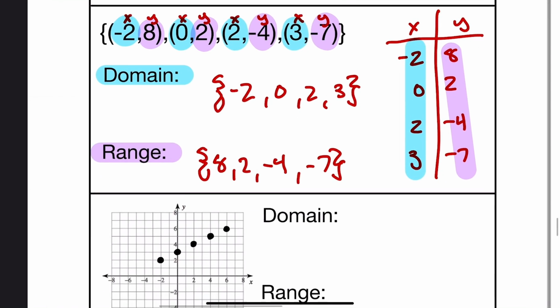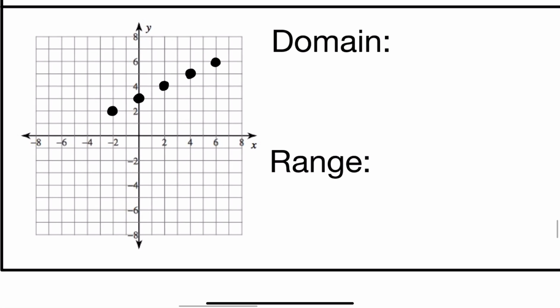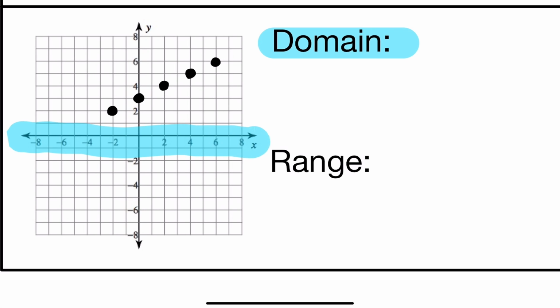Okay. And then we have this guy. So, domain is going to be blue. So I'm going to highlight where it would be. Remember, the domain is going to be all of your X values. Since we don't really have any numbers here, we're going to highlight our X axis and see where each dot falls on that axis.